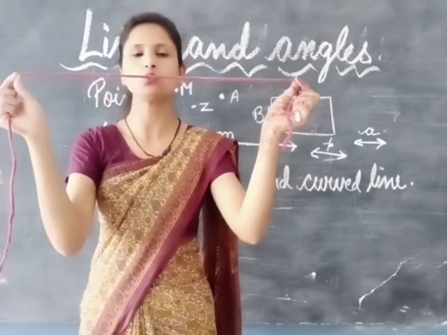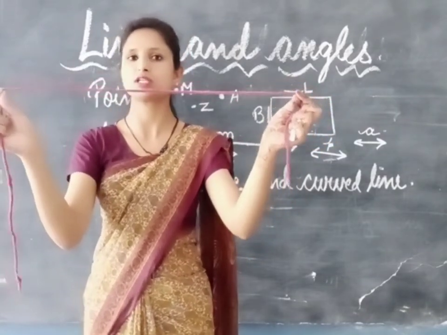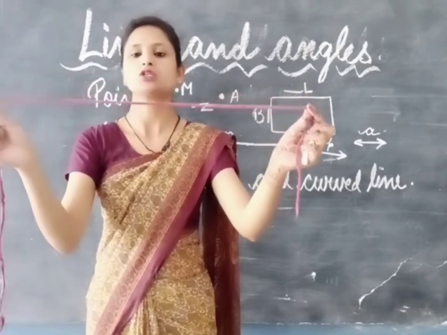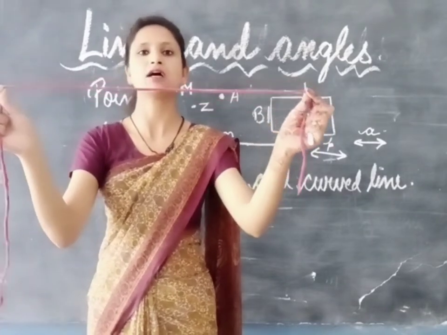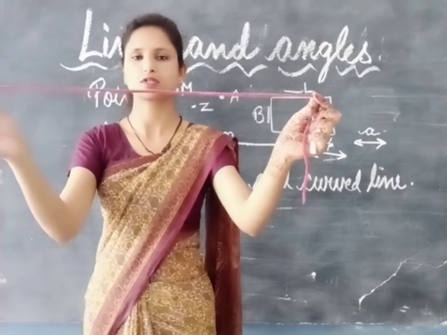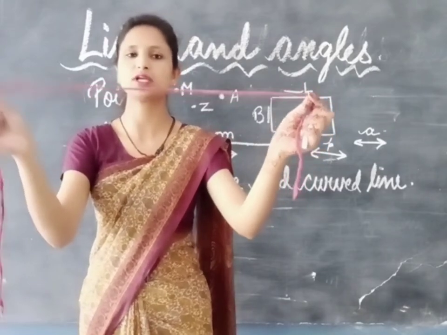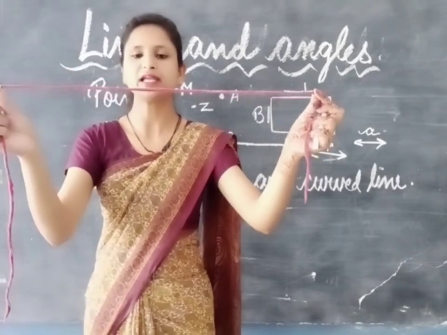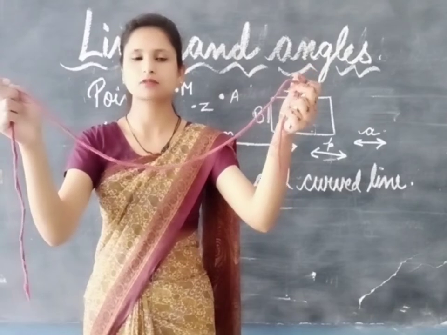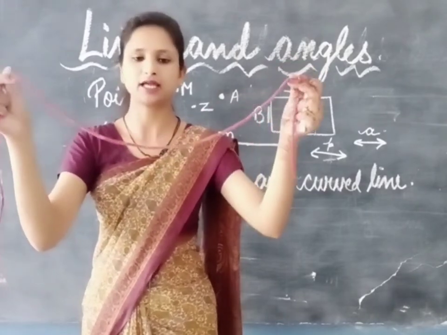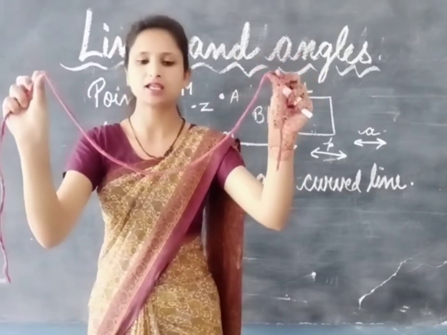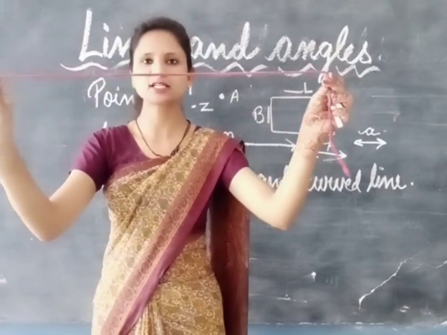These are the two end points of this thread and I have stretched it tightly. You can see here it is a straight line. Now if I let it loose, it is a curved line. It is a curved line and it is a straight line.